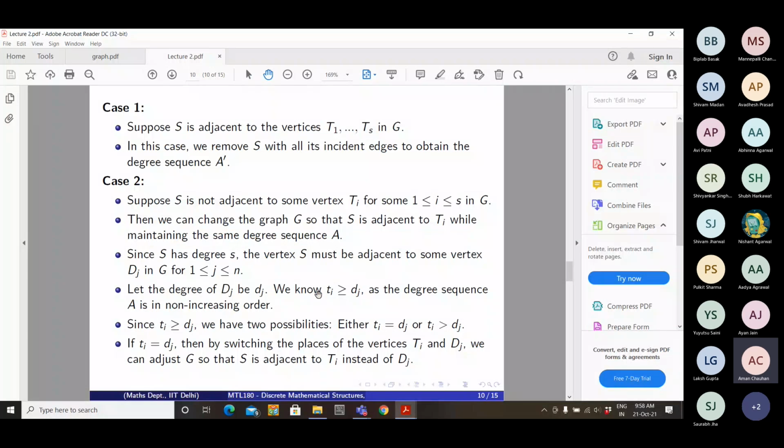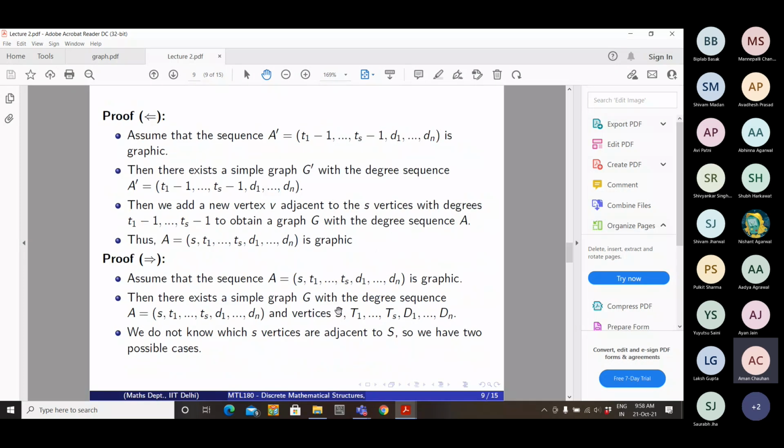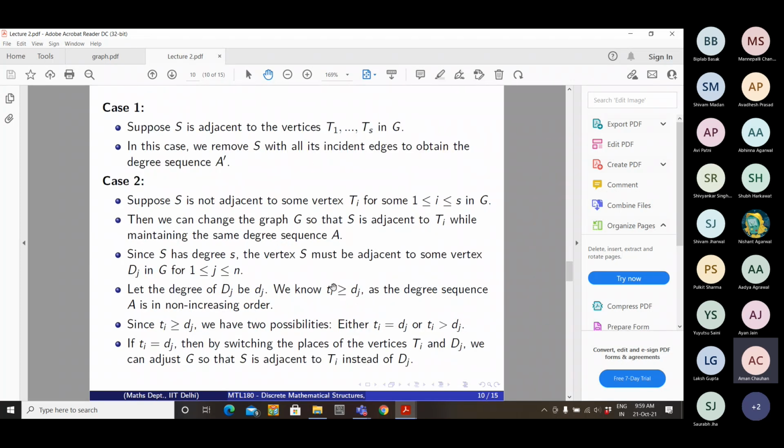Yes, sir. See, the degree of S is s, and we have s vertices in the list T1, T2 up to Ts, but S is not adjacent to some of them, so S must be adjacent to some vertices in the list D1, D2 up to Dn. That's it.